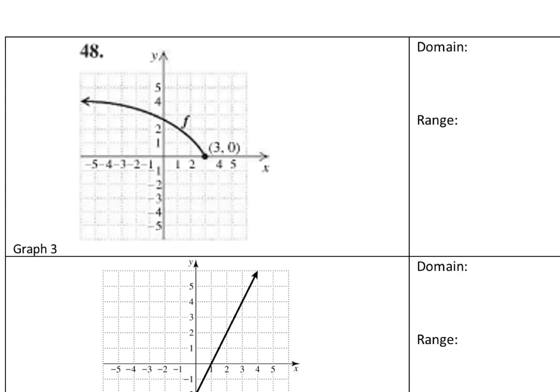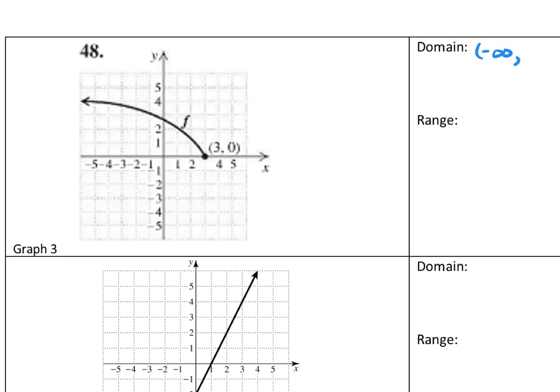Remember, domain is left to right. Starting on the left, I see an arrow on the very left side of my graph. We're talking x values, so we're looking at the numbers on the bottom, and this goes forever to the left. That is going to be -infinity.